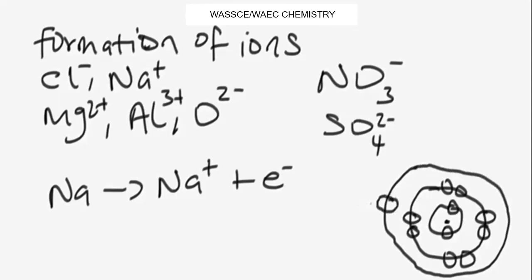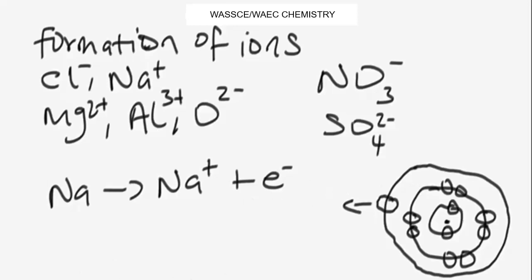So this sodium will lose this electron here to form a single charged ion with the same electronic structure as neon, because neon has atomic number 10. So the 2 will be in the first shell, the remaining 8 will be in the second shell, making it stable. Alright, so that's basically what is happening here.